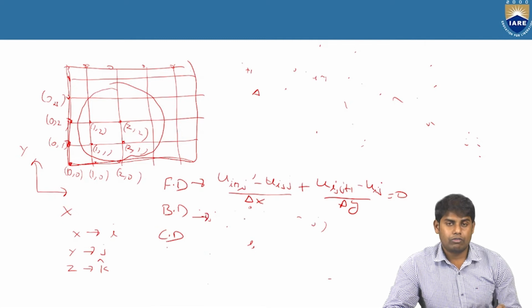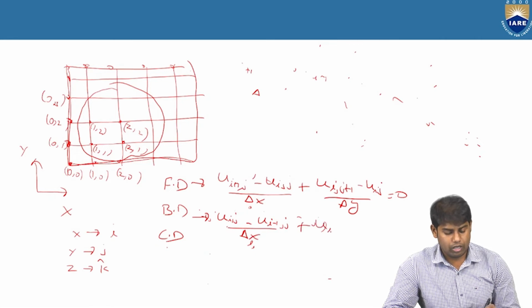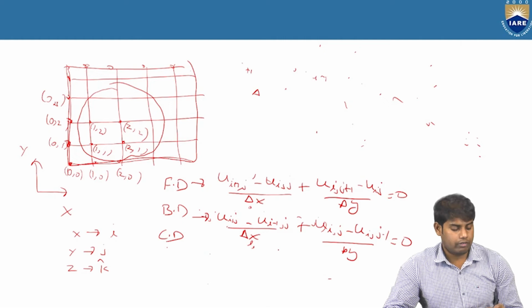For the backward difference, what do you have? u of (i, j) minus u of (i-1, j) divided by delta x plus u of (i, j) minus u of (i, j-1) divided by delta y is equal to 0. This is what you have for backward difference.